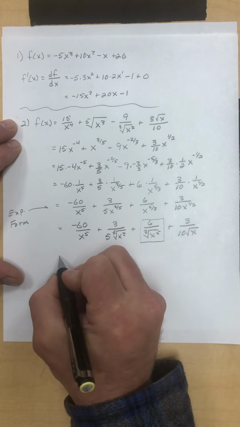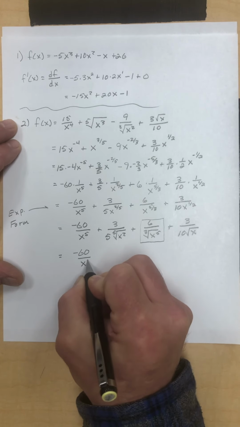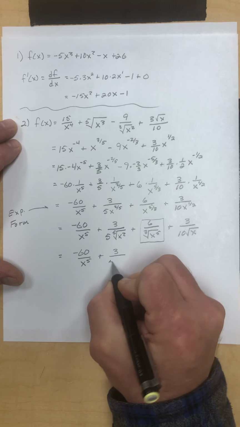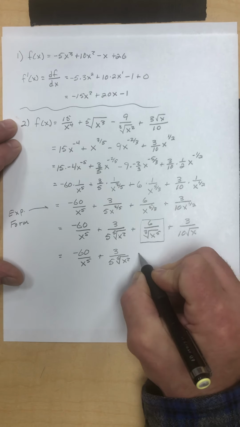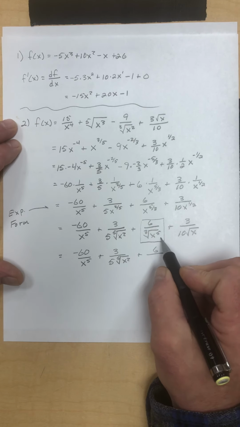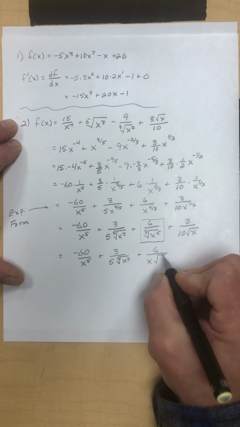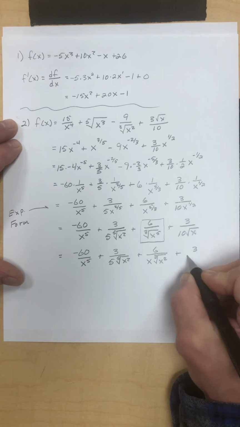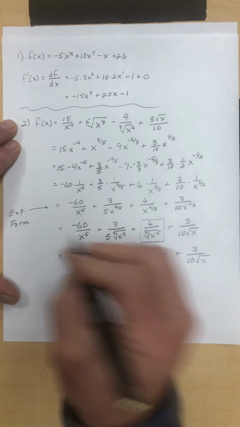If I put that guy in simplest radical form, I'm done with this first term. This is already in simplest radical form, so we leave that guy alone, times the 5th root of x squared. And then this guy: x to the 5th would be x cubed times x squared, so the cubed root of x cubed is x, and I'm left with the cubed root of x squared underneath, and then plus 3 over 10 times the square root of x. So this would be our root form right here.